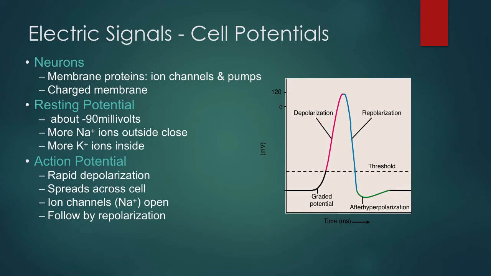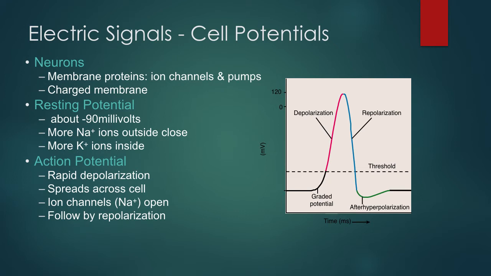Some of them are pumps, some of them are just channels, but they move ions so that the membrane remains charged. That membrane has a resting potential then of somewhere between minus 70 and minus 90 millivolts. That's due to more sodium outside the cell and more potassium inside the cell. But it's primarily the sodium that makes the difference.